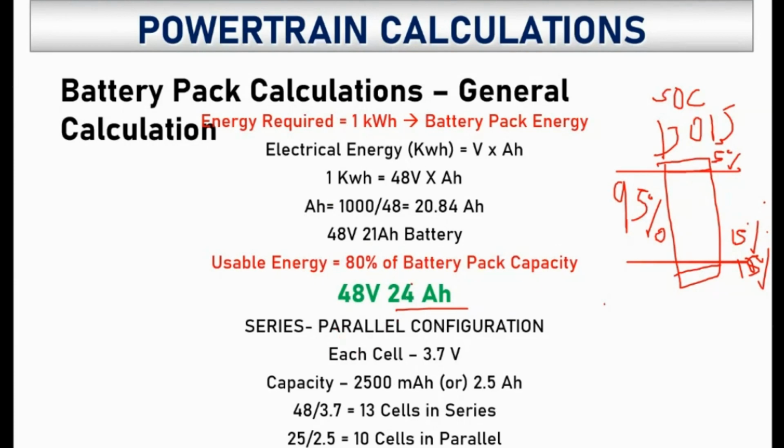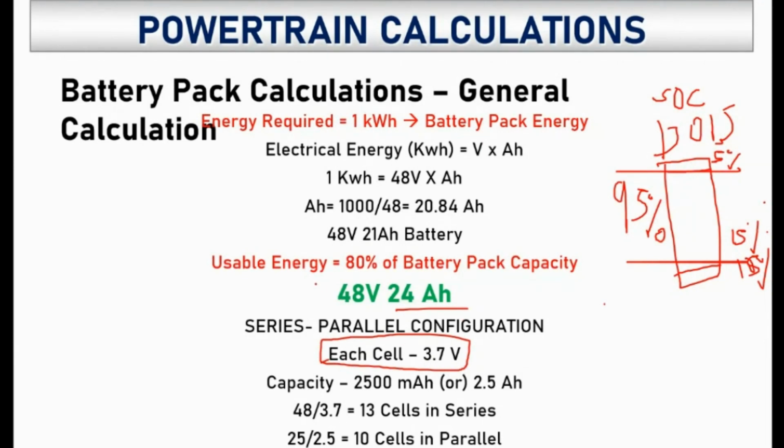Okay. Now how do we do this? How do I know how many cells I should connect in series and how many cells I should connect in parallel? This is purely based on the cell that you're going to choose, and on your requirement.